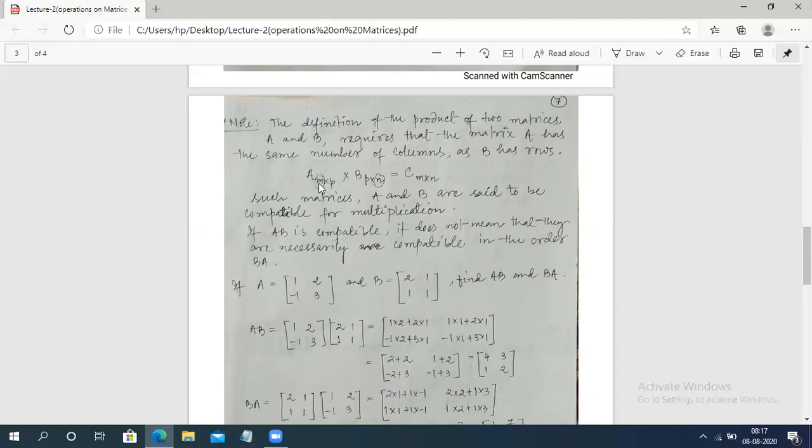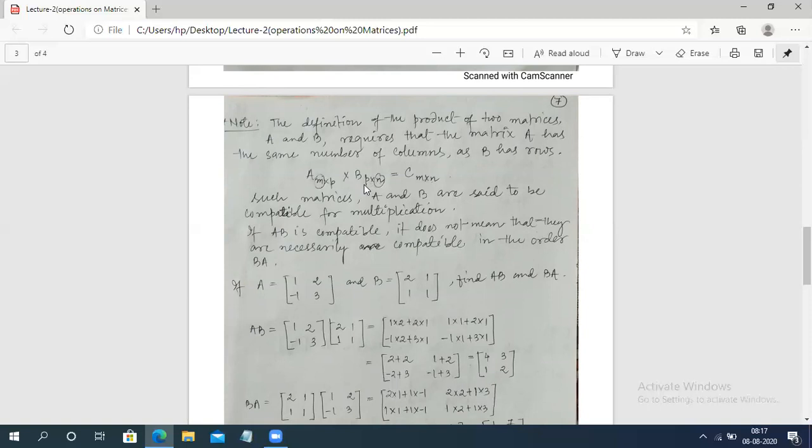Suppose A is a matrix of order 3 by 2, then we can multiply it by another matrix of order 2 by, it may be 1, it may be 2, it may be 3, any number, but this number should be the same. The column of matrix A should be equal to the row of matrix B.